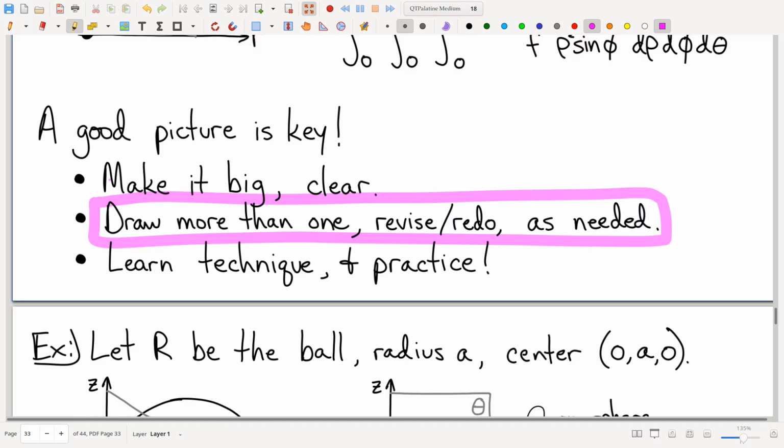And then repeat as many times as necessary. But again, don't try to just nail it on your first shot. Do keep in mind on exams, you have scratch paper, right? So I encourage you to make your initial drawings on the scratch paper and learn all the lessons you need to.